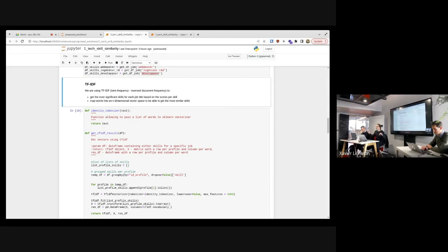And that would give us a long vector. On these long vectors, we can apply TF-IDF, which will tell us which vectors are the most similar to which ones. So you can compare two job titles by using the skill vector, or you can also compare two skills by using the job title vector.